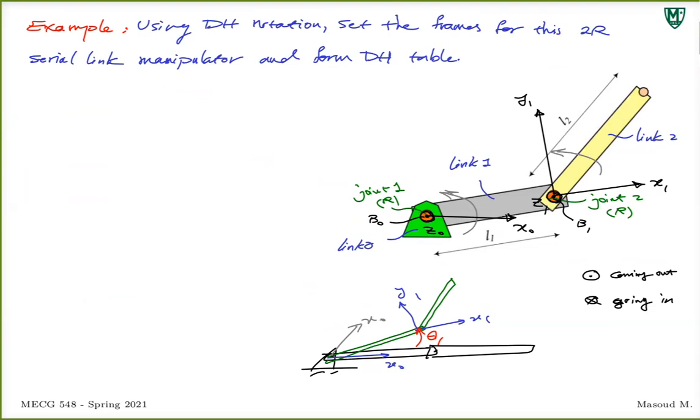But then when I'm in the rest position, which is everything aligned this way, theta 1 would have been 0.